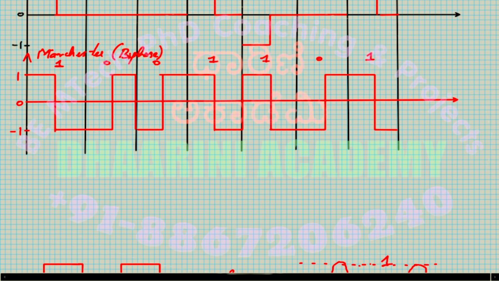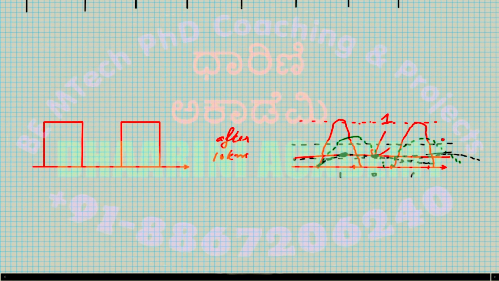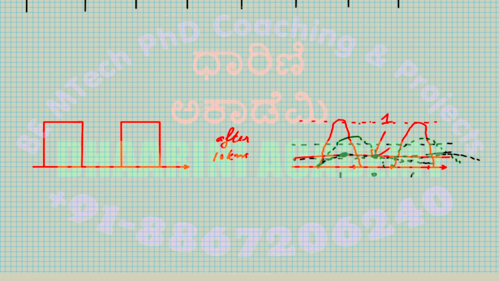Okay, the fourth parameter is, what if there is an error, right? Will you ask someone to send the message once again, or will you correct that somehow? So there is a concept called detection of error and correction, right? So which is more suitable for the communication protocol that you are using?